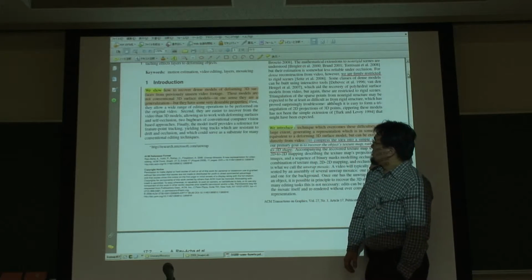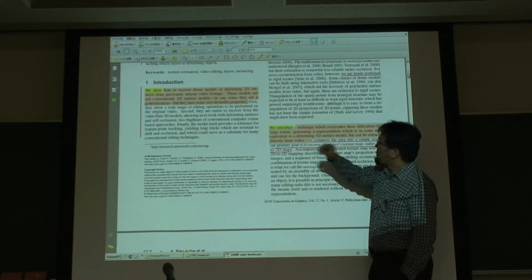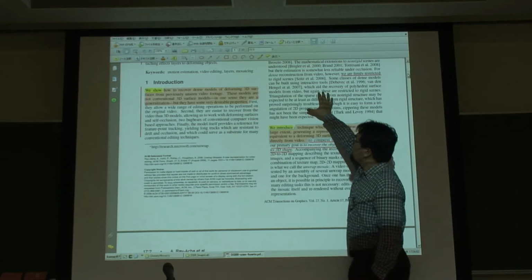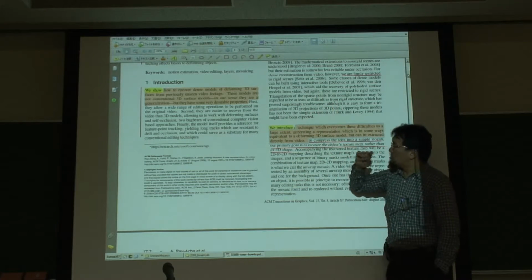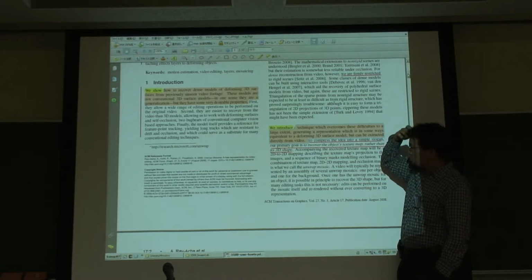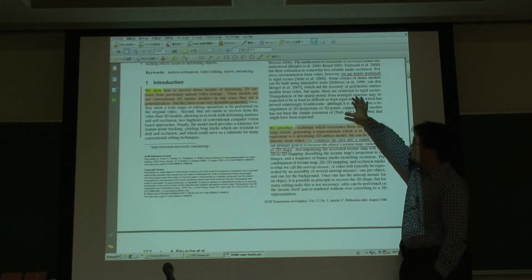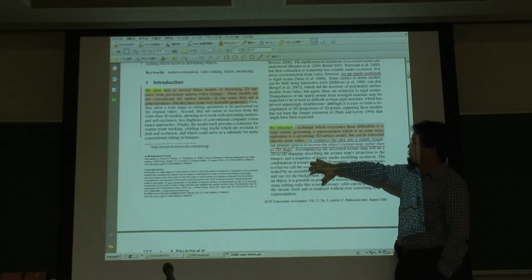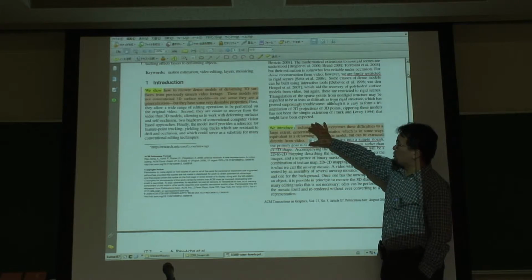Then maybe they show the details, and to connect this description to the technical part, they introduce this kind of sentence.